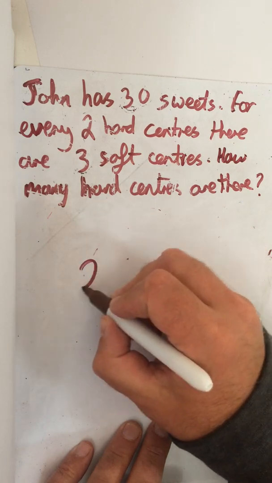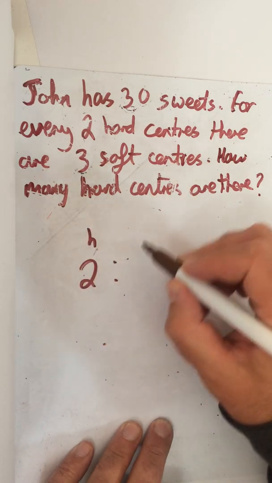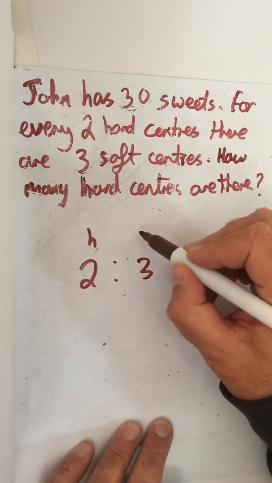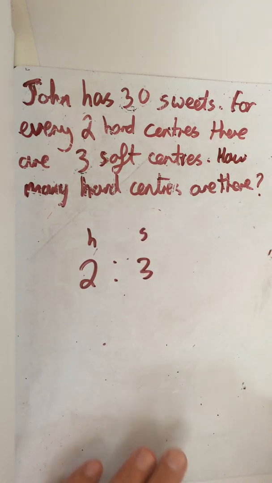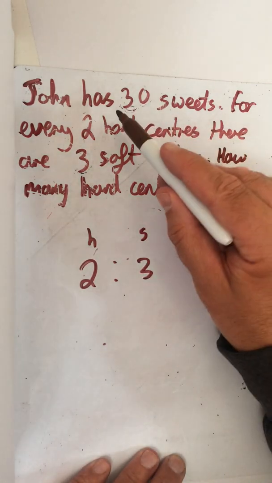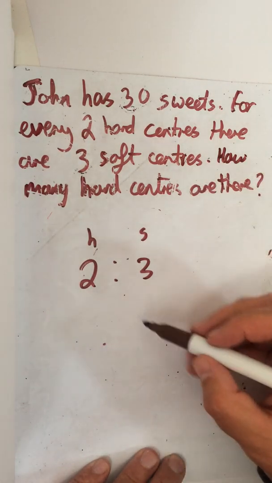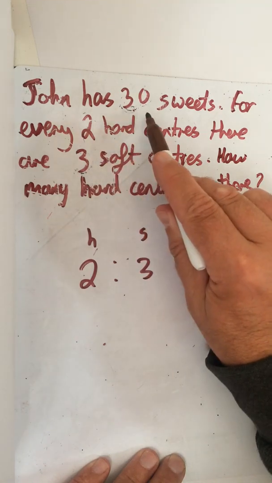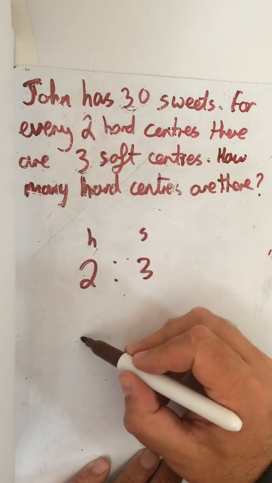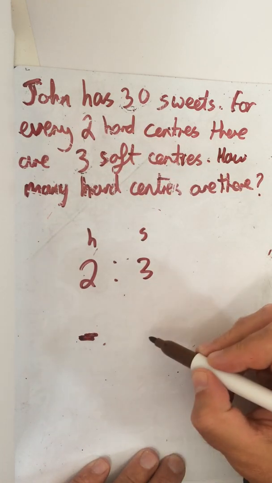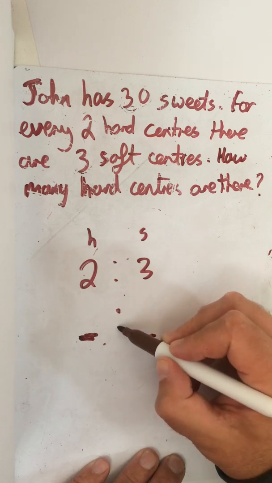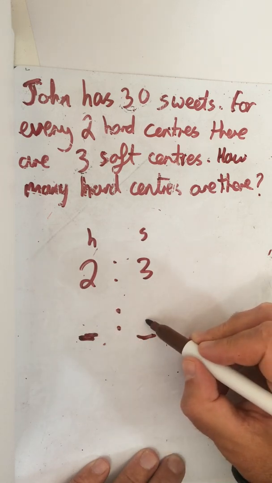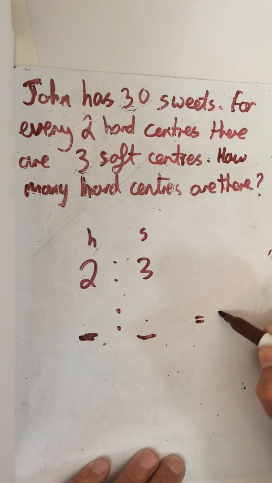So I'm going to do 2 hard and 3 soft. Okay, now on this one, it's not telling us how many hard centers or soft centers there are. It's telling us he has 30 sweets. So I know this, the total amount of sweets he has. So I know this number here plus this number will equal 30.